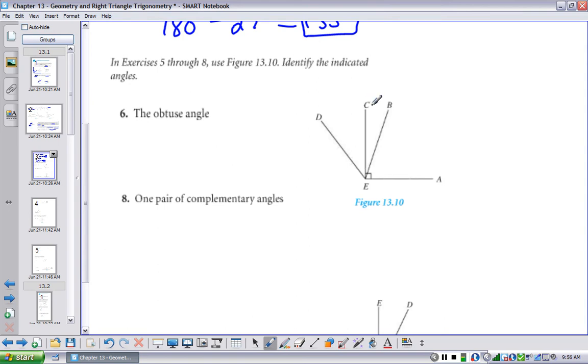So we can look at this and we can see that CEA is 90 degrees. We need something bigger than that. So if we look at DEA, then we have an obtuse angle, DEA.